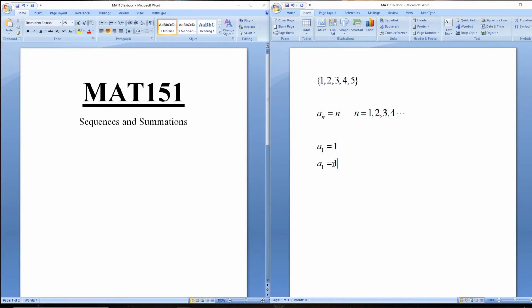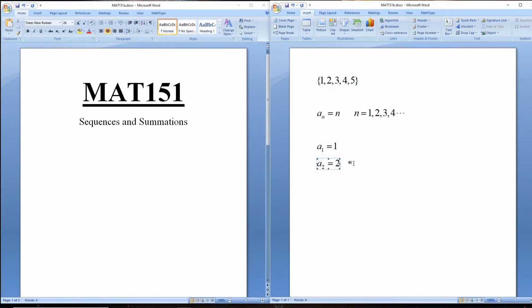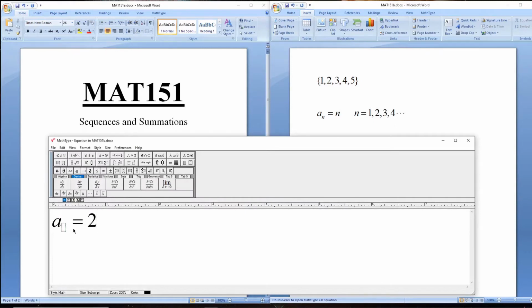Let's say I wanted to do that again, but now for 2. If n equals 2, if we look at our formula here, then a sub 2 equals 2. And we could keep doing this forever, or stop whenever we want. I'll just do another one with 3 here.